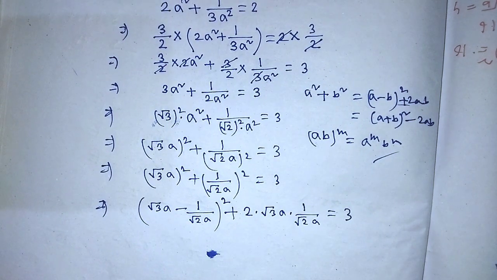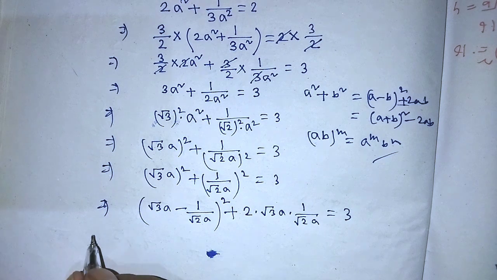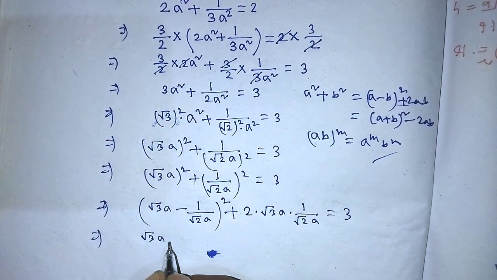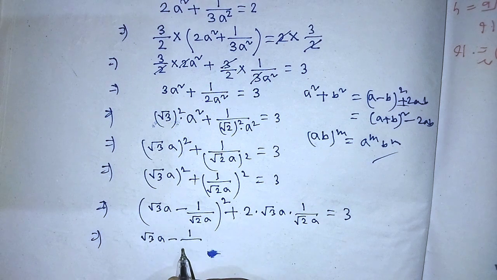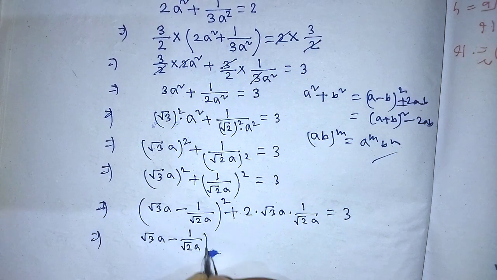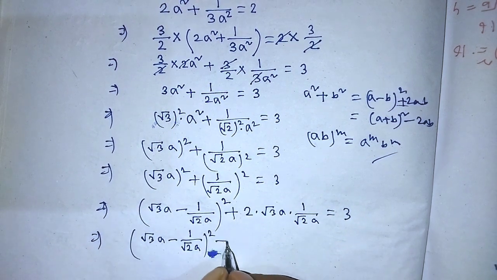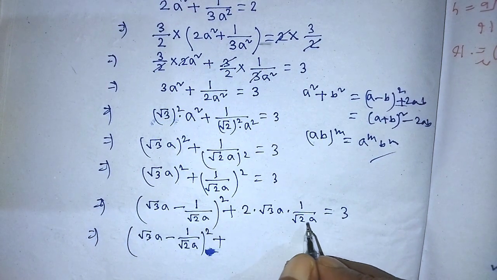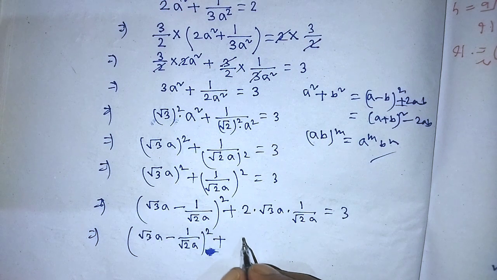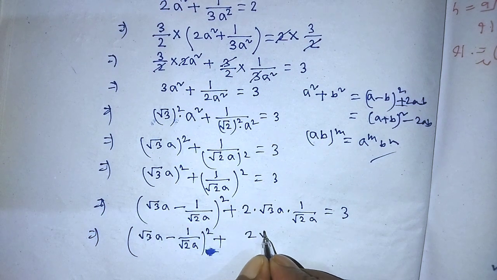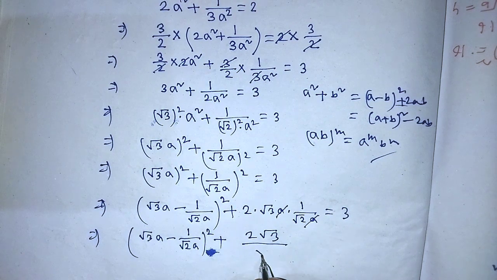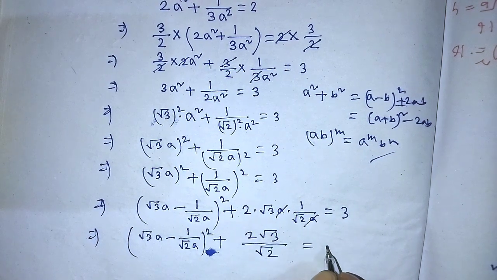So again we write (√3a − 1/(√2a))² plus, in the second term we can cancel a from numerator and denominator, so we write 2√3/√2 is equal to 3.